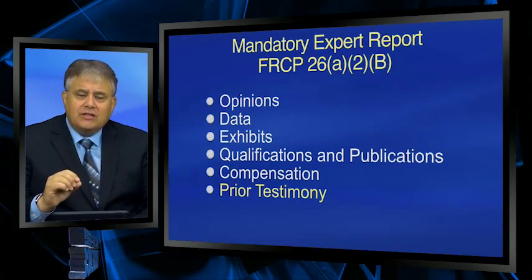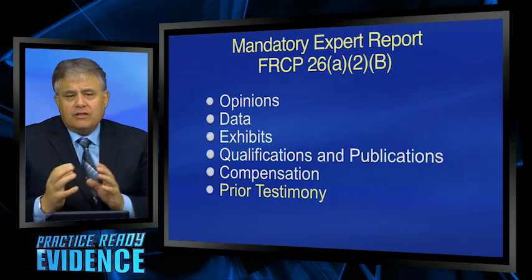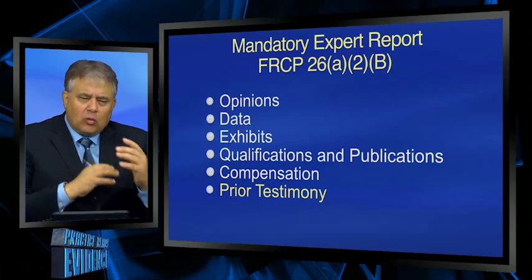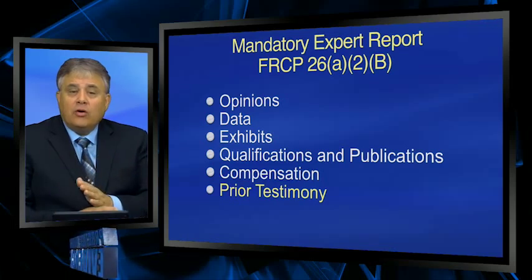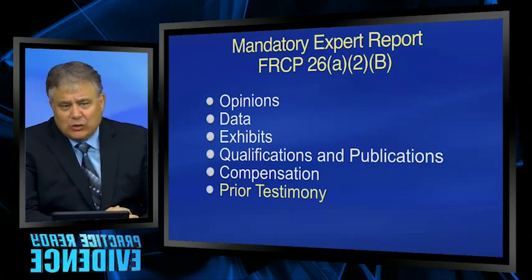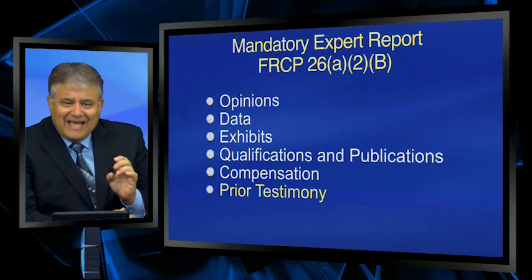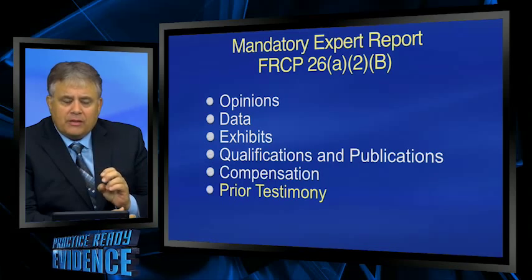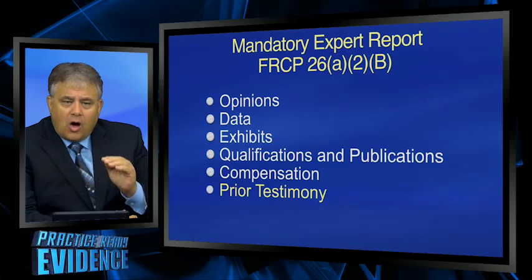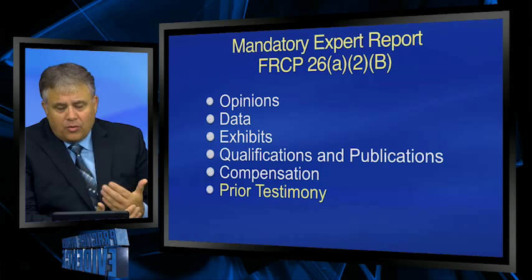Well, I would suggest to you that rather than looking solely at 702, 703, and 704 of the Federal Rules of Evidence and the basis of their opinions and the qualifications of the expert, we turn instead in the civil arena to Federal Rule of Civil Procedure 26(a)(2)(B), which deals with the opinion, the data, the exhibits, the qualifications and publications, the compensation, and any prior testimony of the expert. All of this has to be included in the expert report.